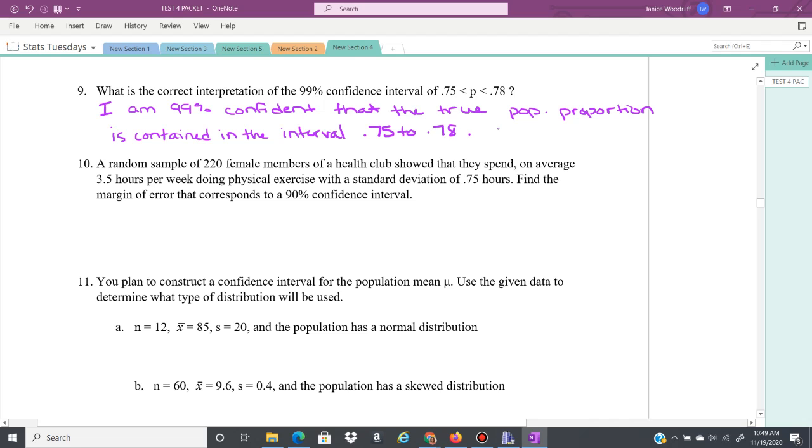Something along those lines. You could say I'm 99% confident that 75 to 78% of the population proportion is whatever it is. If we had the context, we could say it like that.